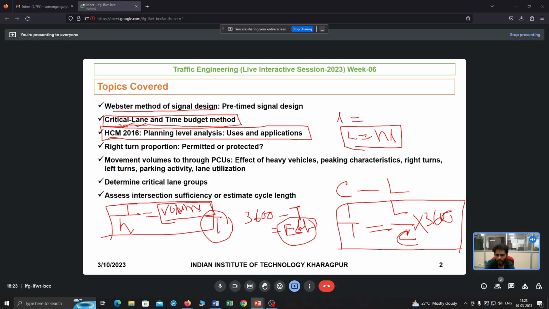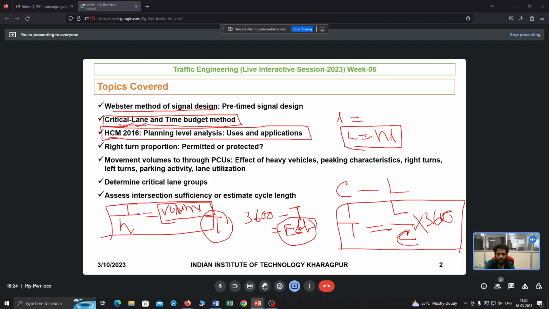So now the second thing is you have to convert your movement volumes to through PCUs, right? So suppose in an approach to an intersection, there are certain through movements, left turning movements, right turning movements, all happening simultaneously, right?